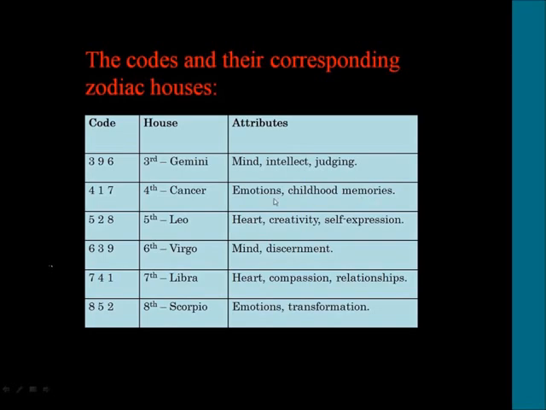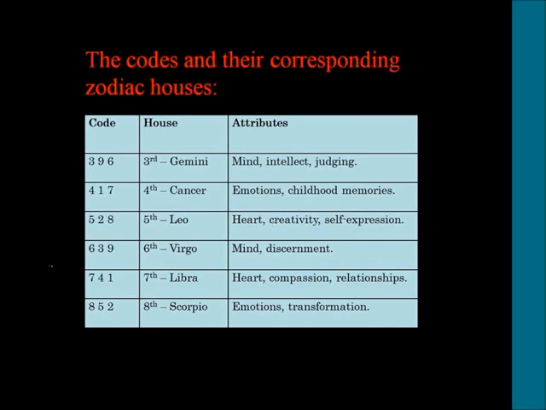This is the house of childhood. It's also the house of mother, and how these early childhood memories affect us as we get older in life, and they play a really huge role in our mind and how we view our situations from a conditioned response. And so our effort is really to try and get into the heart, but this heart is still the heart of self-expression.